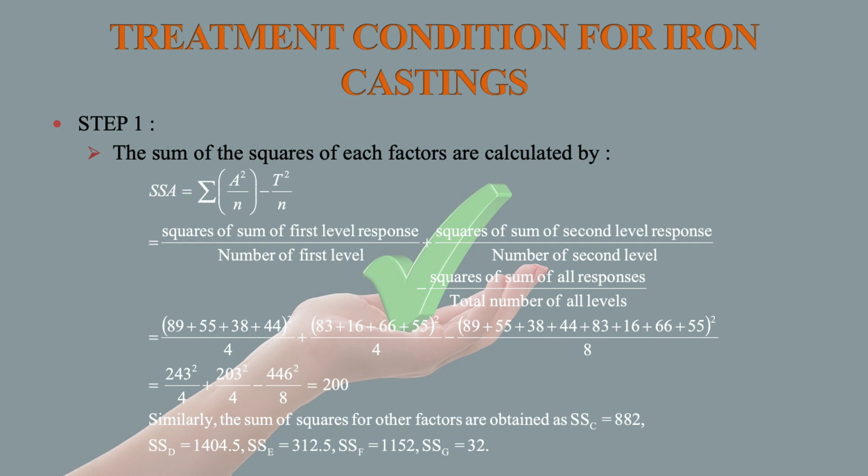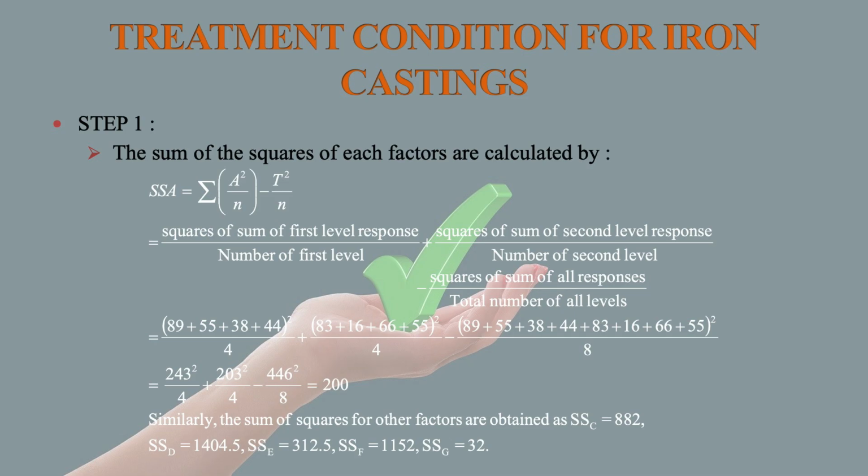Here we have 7 factors and 8 conditions, so we substitute the various values: 89 plus 55 plus 38 plus 44 and so on. So we get the value equal to 200.